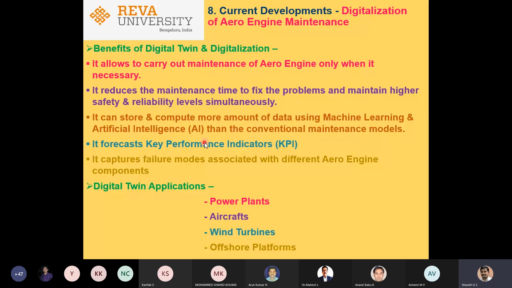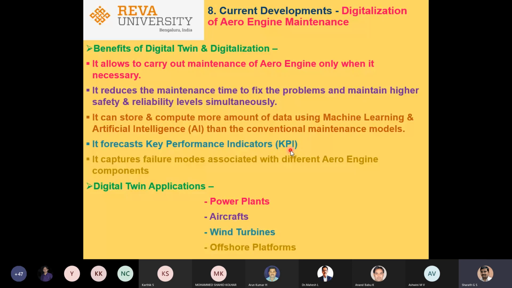The earlier systems used to have things like Microsoft Excel to store the data. But this digital twin uses machine learning and artificial intelligence to store and compute data. Here we can store an enormous amount of data, and it forecasts key performance indicators, like number of engines, number of modules, performance indicators like NH, TGT, thrust and all that.